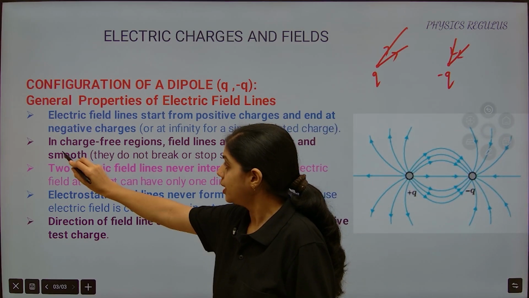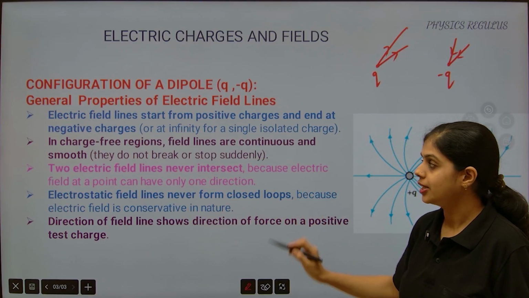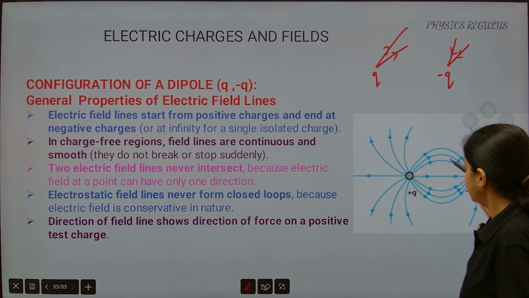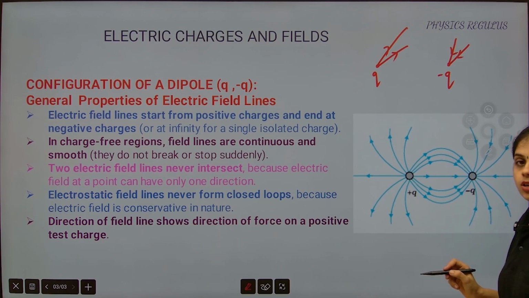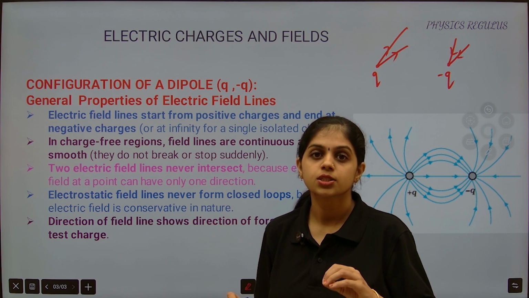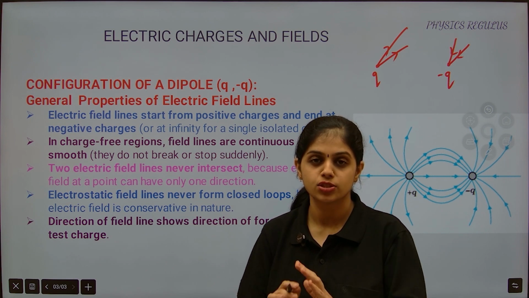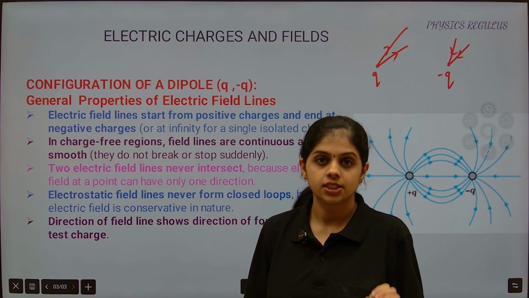And next property, in charge-free regions, field lines are continuous and smooth. In this region or in this region, in a charge-free region, field lines are continuous and smooth lines. That means there is no break in between and there is no zigzag line. It is a smooth line.